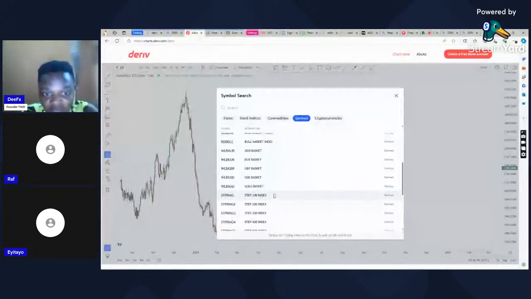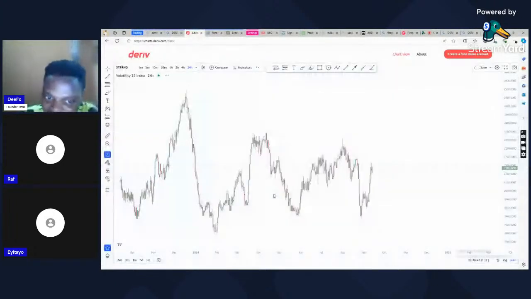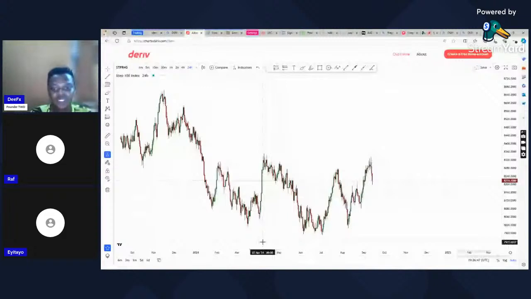For me, it is Step 100 index, so I'll click on Step 100 index. Good. Now, having clicked on Step 100 index, I want to look out for what?